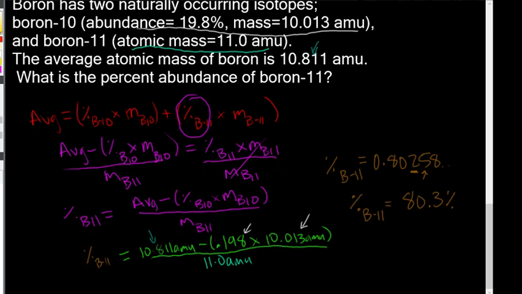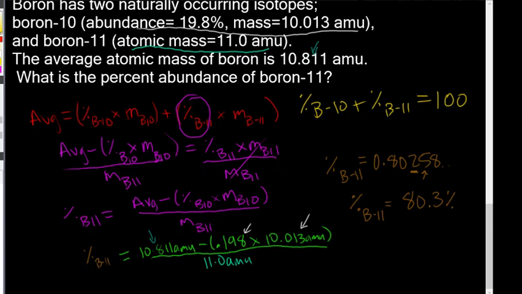So you know that the percentage of B10 plus the percentage of B11 is going to equal 100, right? Because those two isotopes in this specific situation make up all of your average.